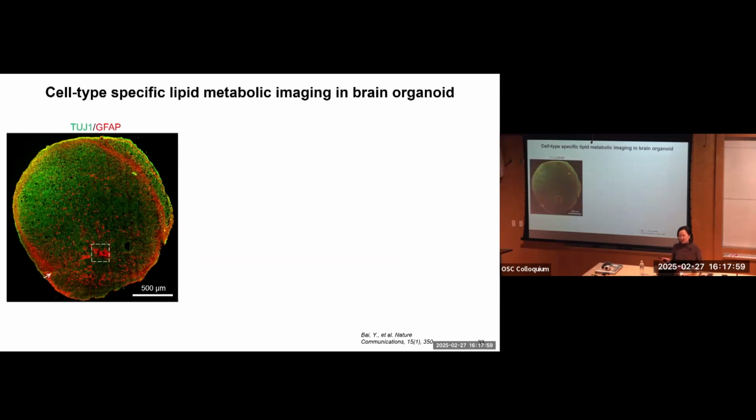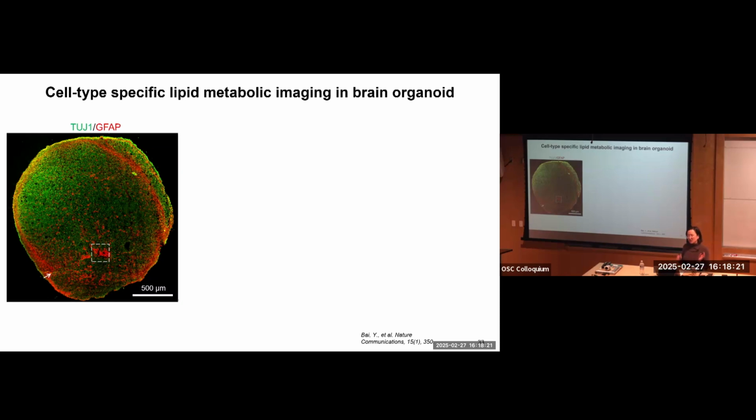We then move on to study a more sophisticated sample, which is a brain organoid. The brain organoid is a 3D tissue culture where different cell types assemble into a blob, and it can mimic the human brain development. It's a very important tool to study the human brain development as well as certain diseases.